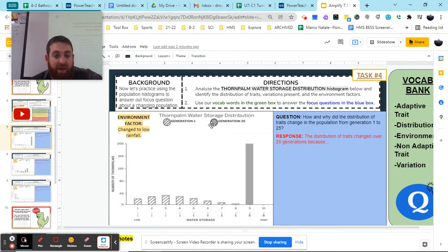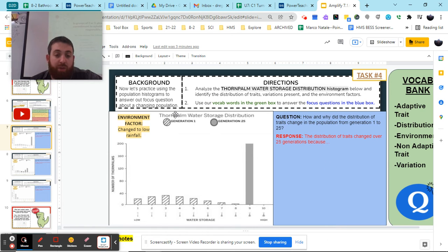And then you'll see that at generation 25, so after time has passed, the distribution has changed for different traits. So your job is to take everything you see here and then read the environmental factor, something has changed in our environment, to help you explain how and why the distribution of traits changed in this population.